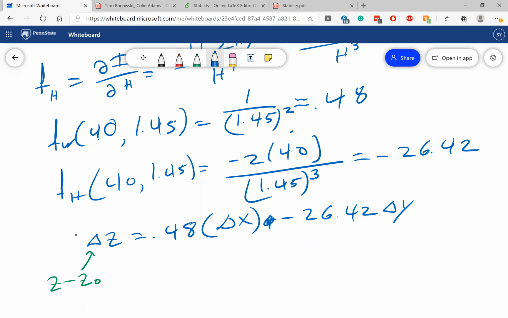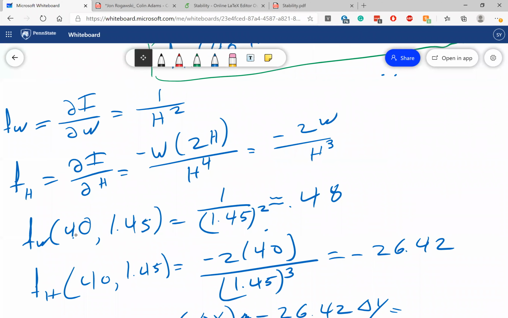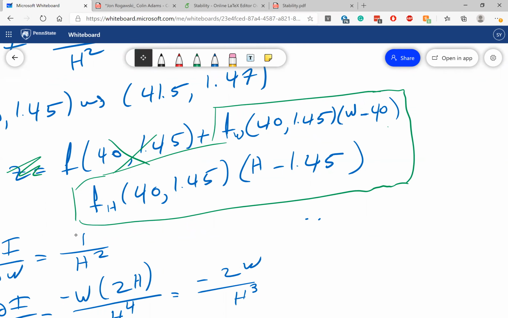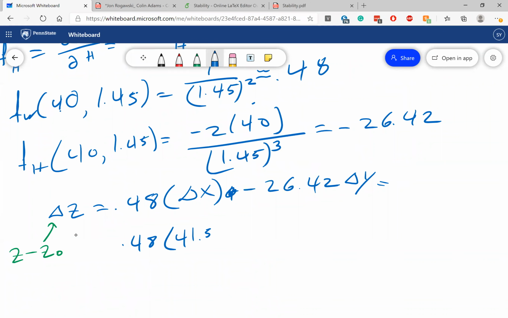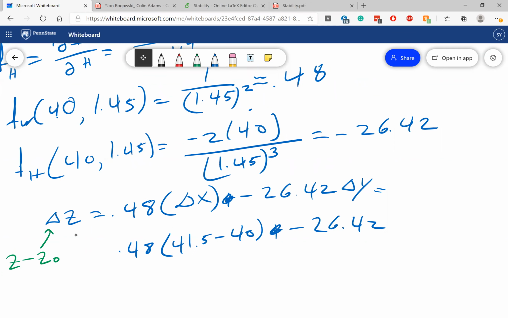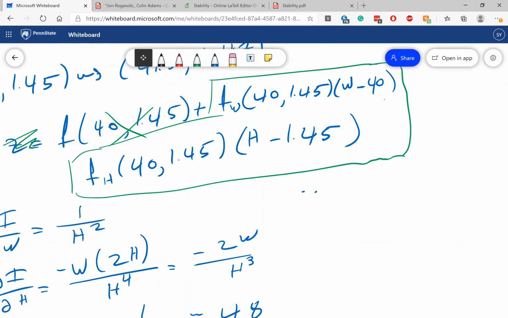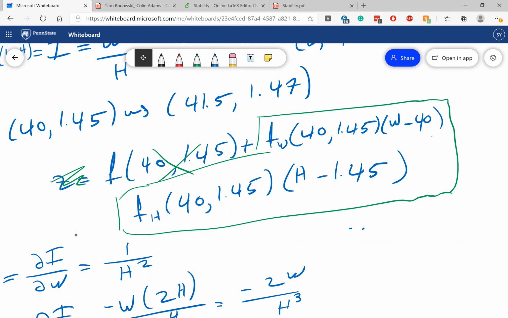So now I just need to know what these are. That would be 0.48 times 41.5 minus 40, plus minus 26.42 times my delta Y, which when I plug in my new H is 1.47 minus 1.45.